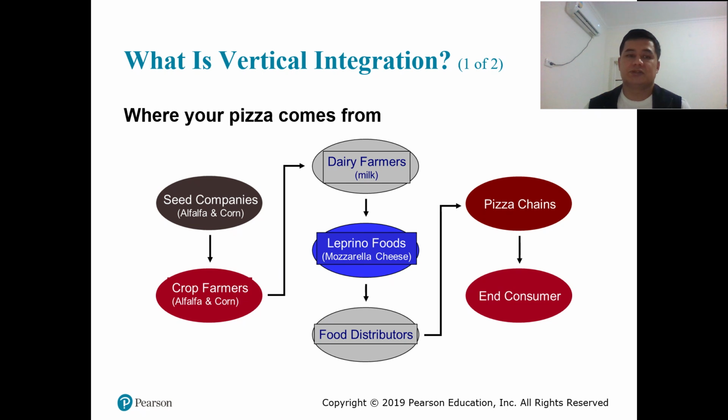That's the reason seed companies, for example, here alfalfa and corn, produce seeds, and the seeds are cropped by farmers, and in the next step, you will have dairy farmers, for example, ingredients like milk or cheese, or like mozzarella cheese, Leprino Foods, and it goes to food distributors. After food distributors, it goes to pizza chains.